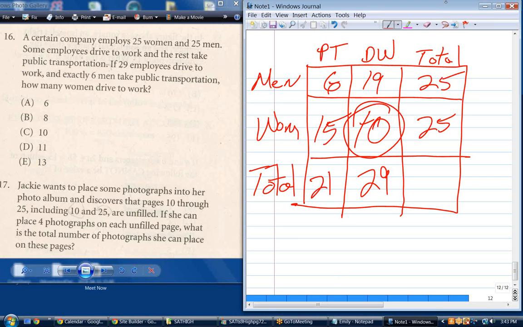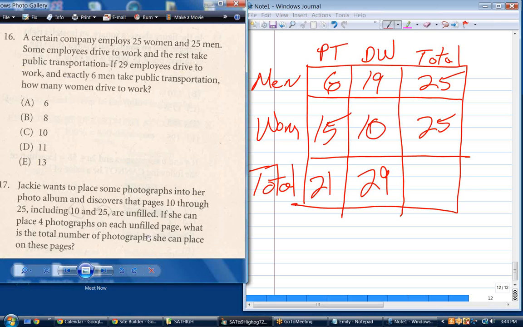We had enough information that we could fill in every other square. I don't know how you did it, but that's fine. You got the right answer. You probably did this, you just didn't lay it out in a table.